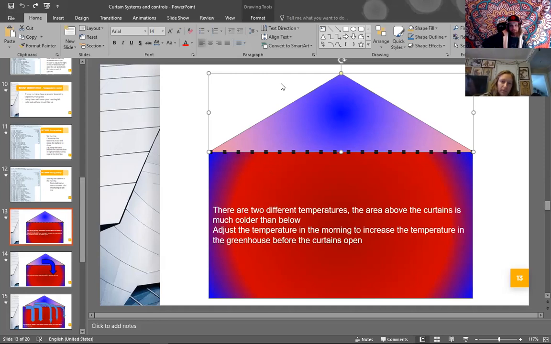So the glass windows will create an air drying effect, right? The cold air outside, the cold air above the curtains, with the warm air going above the curtains, some exchange.